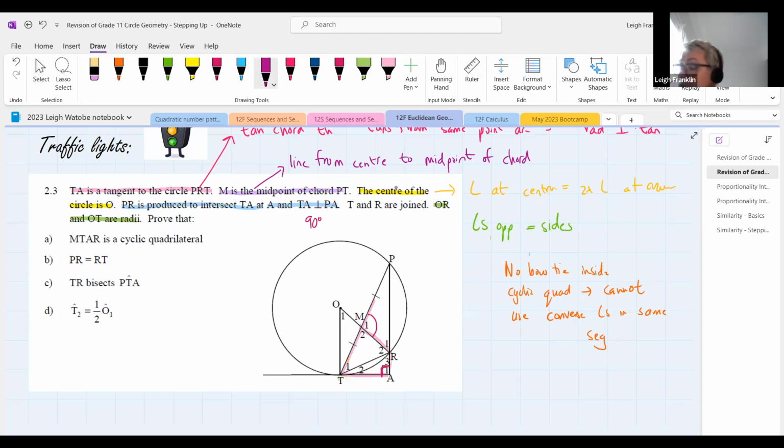All right, so the first thing that we would write here, matrix, is that angle M1 is equal to 90. Goes back to this first piece of information that we were talking about, line from center to midpoint of chord.